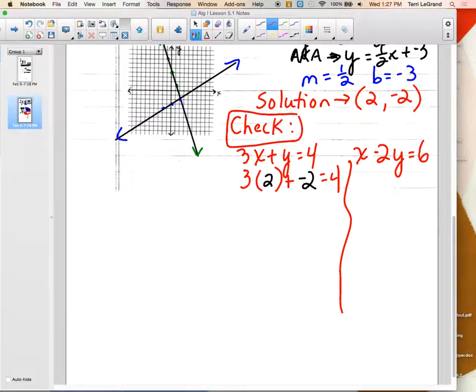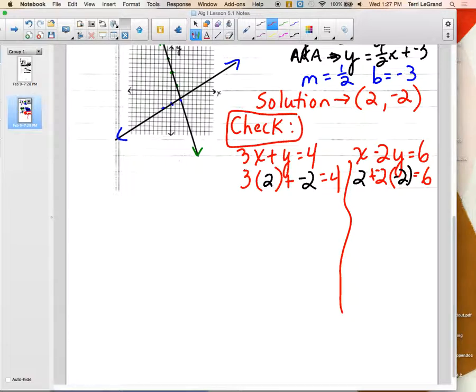negative 2. So go ahead and do your checking. I'm going to suggest over here, remember when we changed it to add the opposite? I'm going to suggest you do the same thing for the checking, in that second equation.